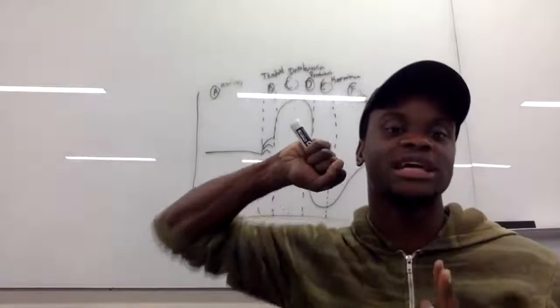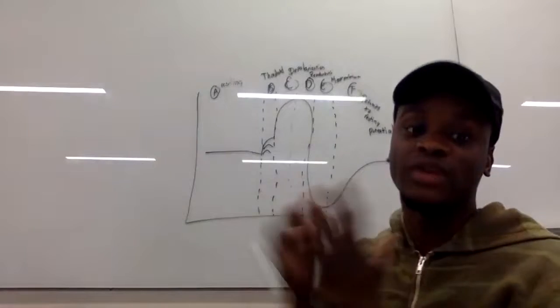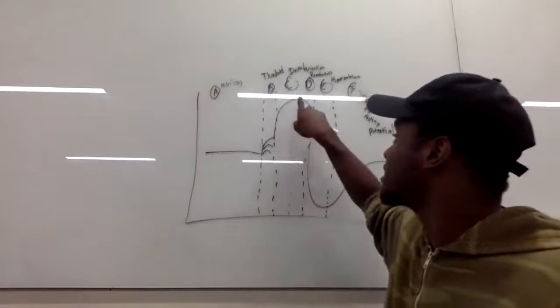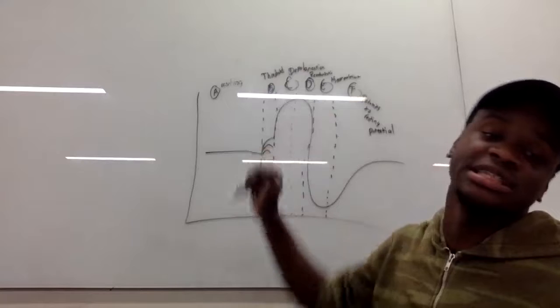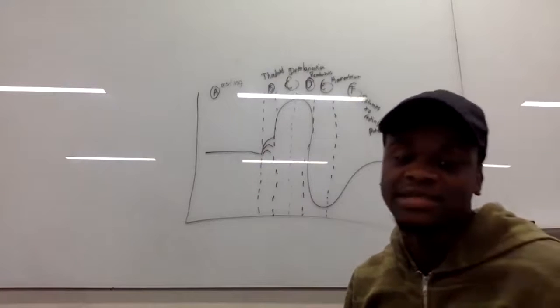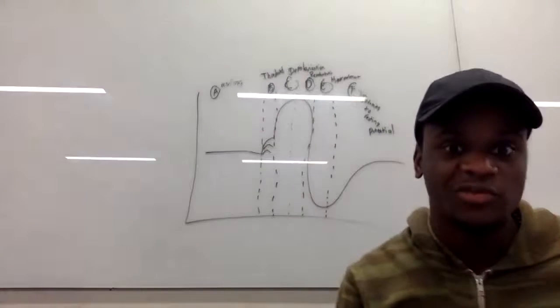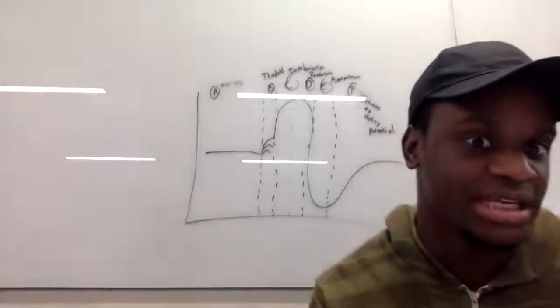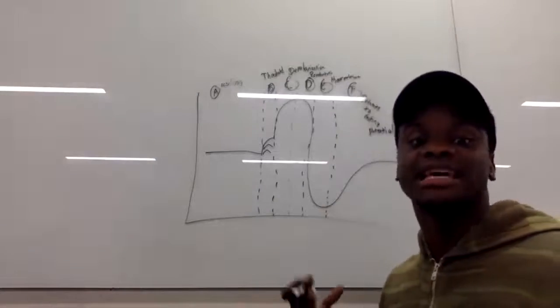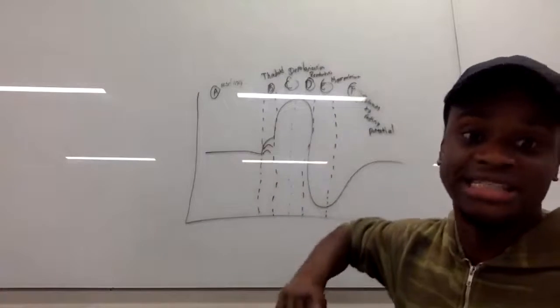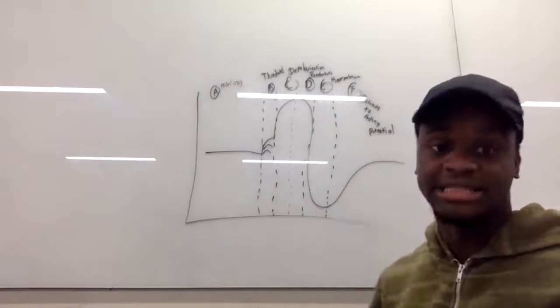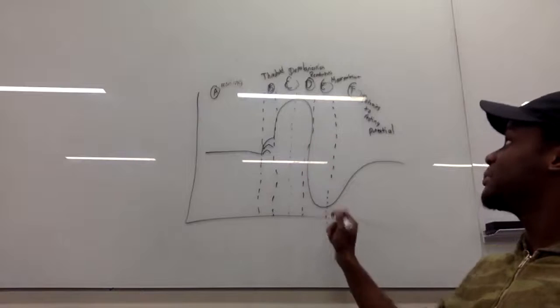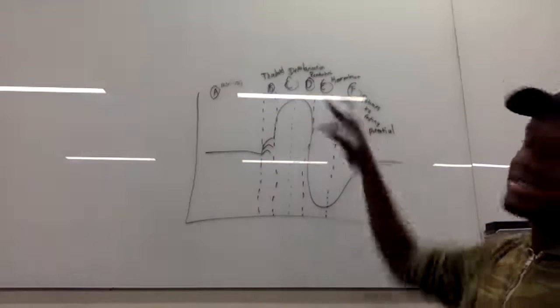That inactivation loop allows the sodium channels to close very quickly, which is why when we hit this membrane potential, it closes immediately. Potassium channels, on the other hand, don't have that inactivation loop. So once it reaches the resting membrane potential, it starts to close, but not completely. Because of that, they get a bit leaky, and more potassium leaves the cell than anticipated, which is why it hyperpolarizes. Hyperpolarization.